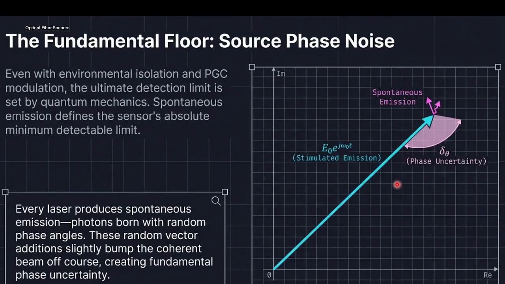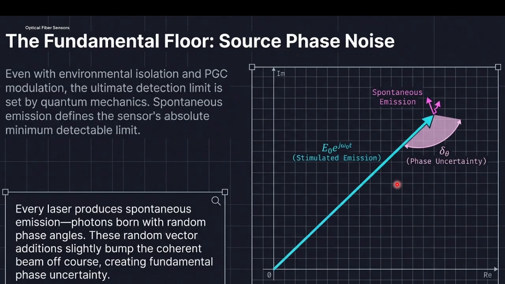The fundamental floor: source phase noise. Usually the source also carries some phase noise. Even with environmental isolation and PGC modulation, the ultimate detection limit is set by quantum mechanics. Spontaneous emission defines the sensor's absolute minimum detectable limit.